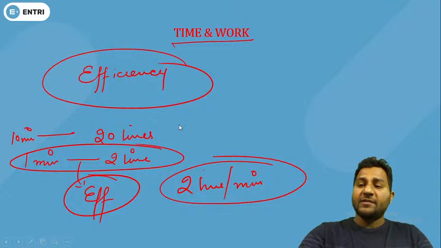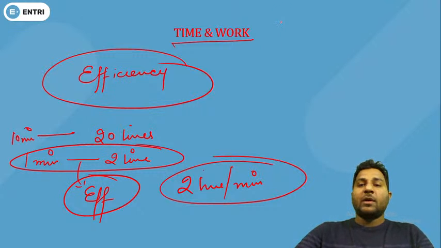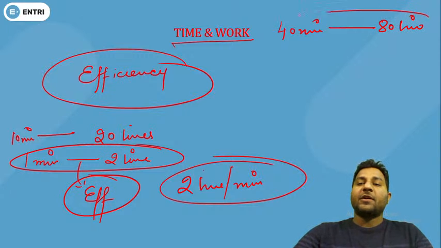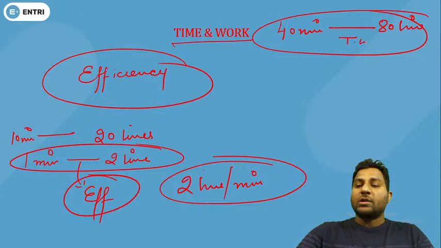So my point is that you just have to understand. Let's say I also announce that you are completing the whole work in 40 minutes. If you are typing 2 lines in 1 minute, that means you will type 80 lines in 40 minutes, which is your total work.